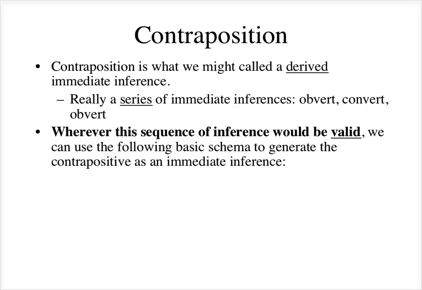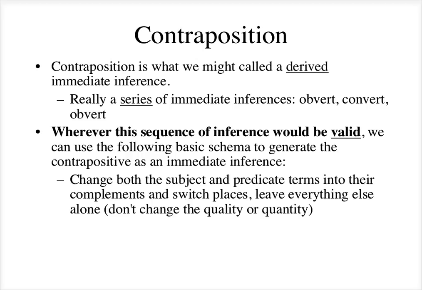However, wherever this sequence of inference would be valid, we can use the following basic schema to generate the contrapositive as an immediate inference. We don't have to go through all the steps of obvert, convert, obvert. We can go straight to the contrapositive.